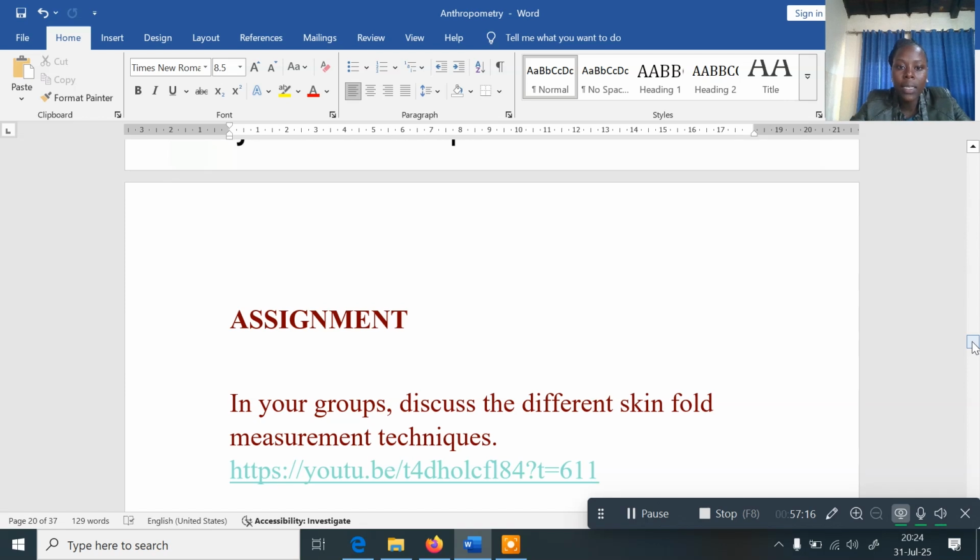So it is an assignment to all of you in your respective groups, wherever you are. Discuss the different skin fold measurement techniques. Remember, we've looked at the techniques of measuring weight, height, MUAC, that is the mid-upper arm circumference, and also the waist and hip circumference, but we have not looked at the skin fold measurement techniques. So please do that as an assignment in your groups, okay?